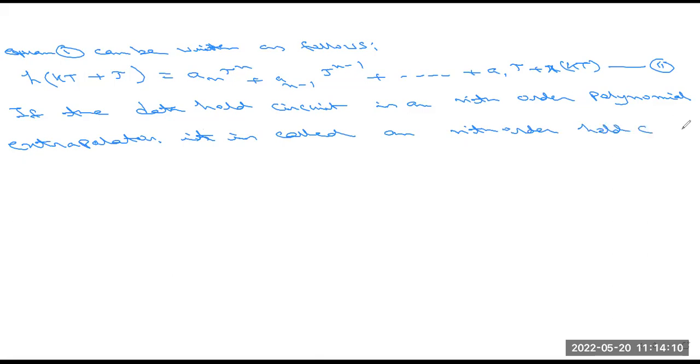That means when n is equal to 1, it is called the first order hold circuit, and so on. This process continues for different types of signals.